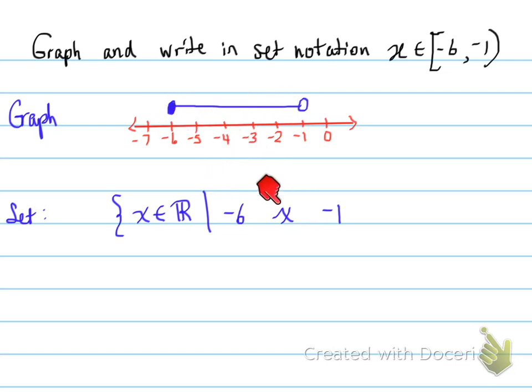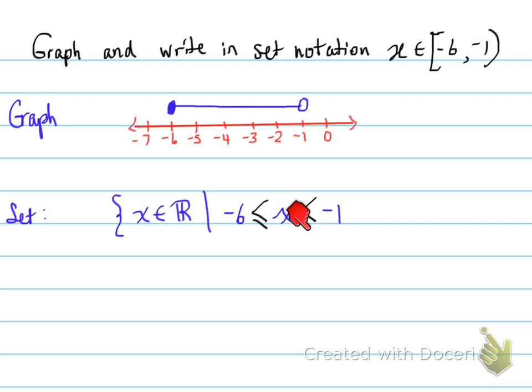That is, starts from the left, -6, from the right, -1. -6 lower, -1 higher. Now, x is going to be bigger than. See how the opening is bigger, so you read it backwards. X is bigger than or equal to -6, and x is also less than -1.